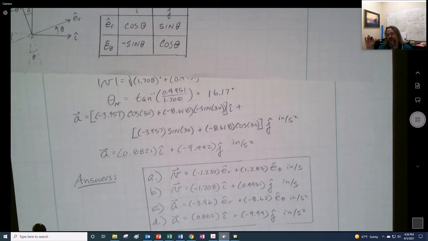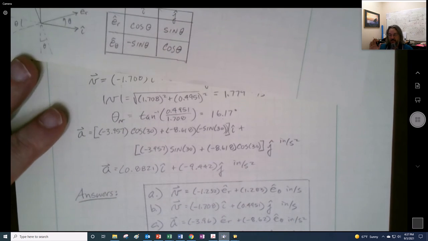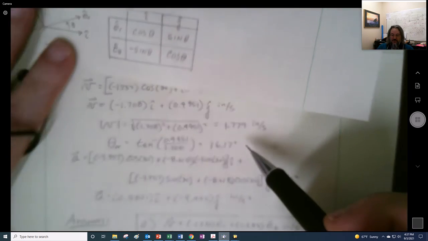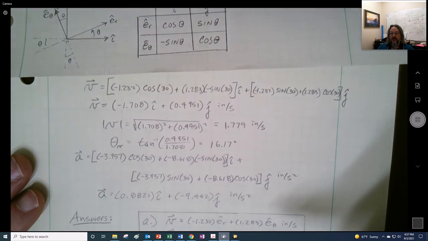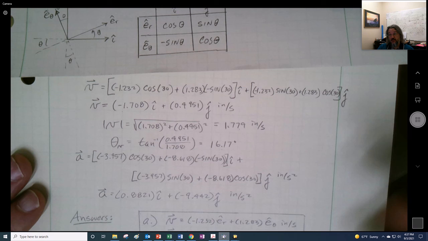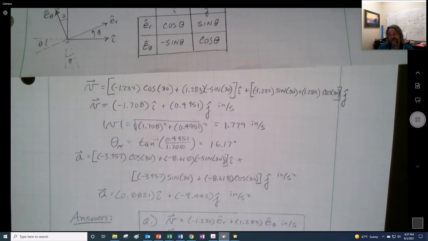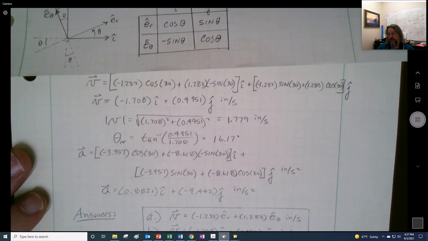Then the normal component of the acceleration is equal to v squared over rho, the radius of curvature. So you can find the radius of curvature because we have the speed: you take that squared and divide it by the normal component.